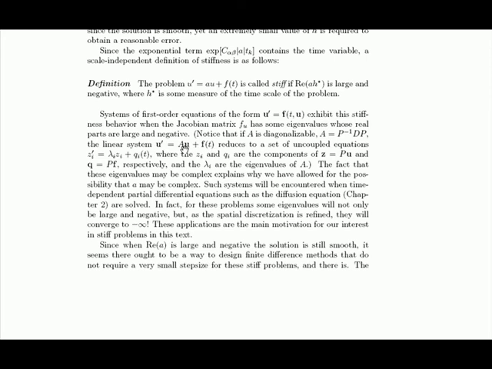In this case, you can separate it into single equations with the eigenvalues taking the place of the A, and the eigenvalues of a real matrix may be complex. Therefore, we allow for the possibility that A might be complex.